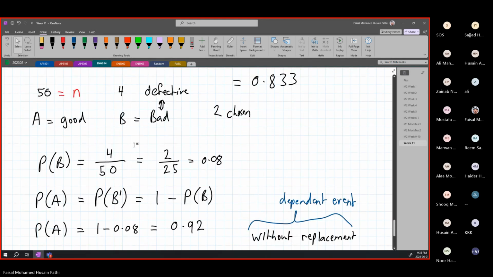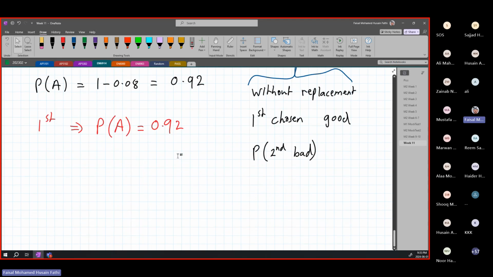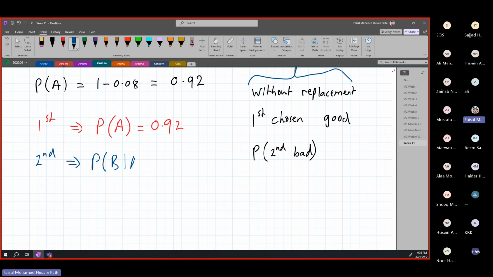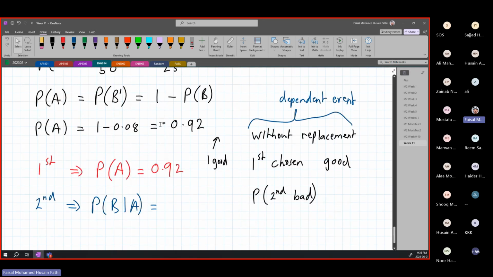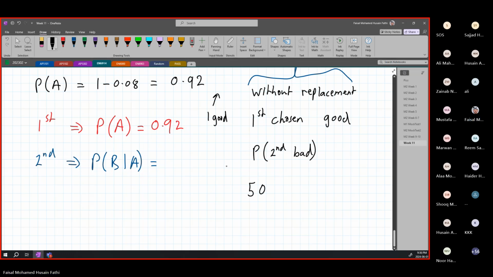So how are we going to find the probability of the second one? The second is going to be the probability of B conditional on A, in other words, after A has already happened. So we have already taken one good component, so one good component has been removed from the system. Remember, we have a total of 50 components. We remove one good from it, and we remain with 49 components.